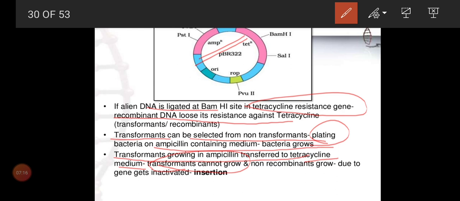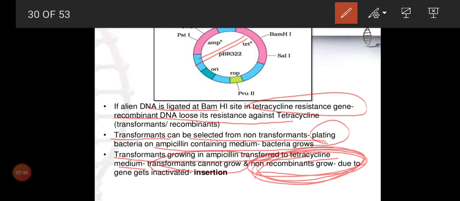Because of the antibiotic, and they don't have tetracycline resistant power, so they fail to grow in that medium. And non-recombinants grow. This is very, very important. One question they have asked this one. Why? The ampicillin resistant gene can grow in an ampicillin medium, but it won't grow in a tetracycline medium.